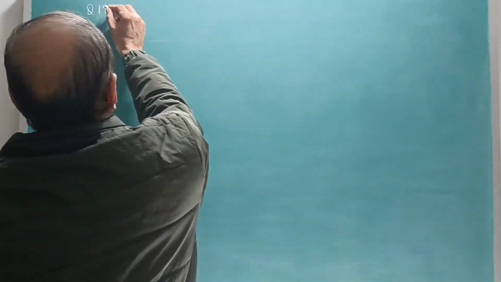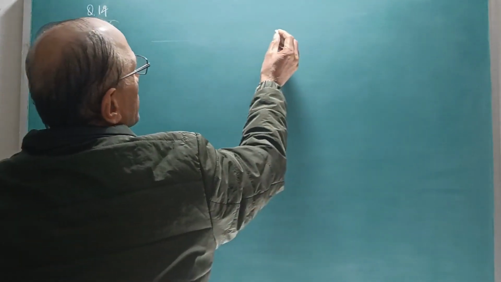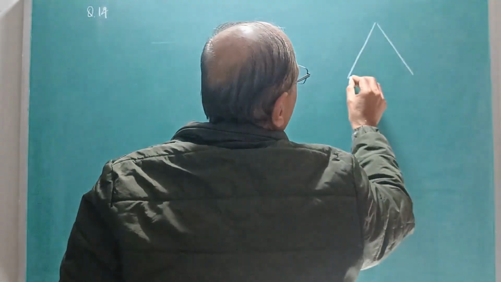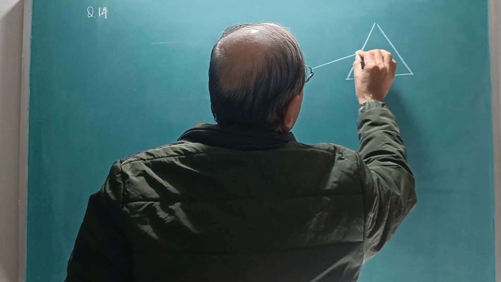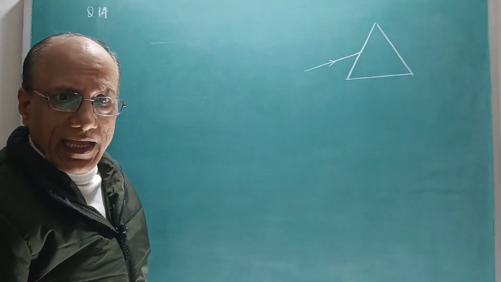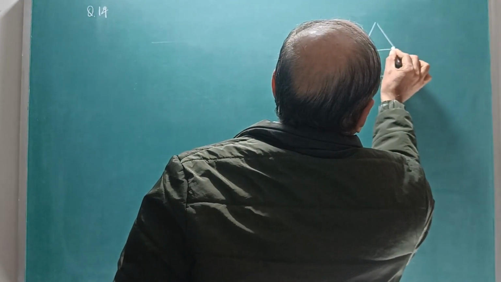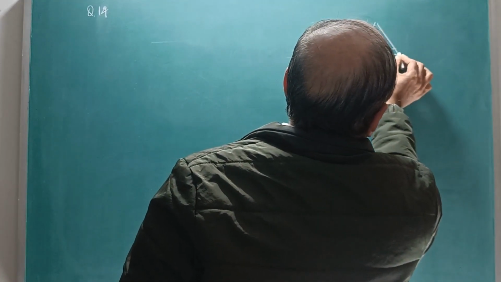Now question number 14. Here is a prism. White light is incident on it and it gets dispersed.